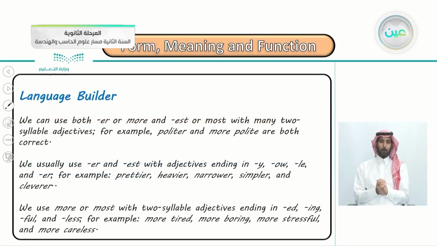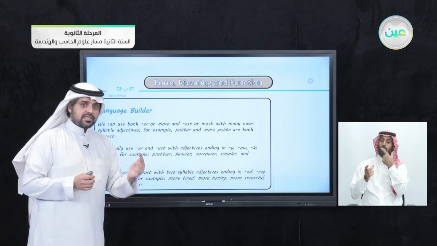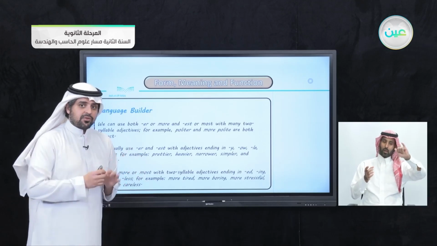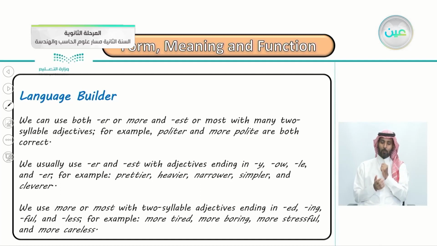Here's a language builder for you. We can use both er or more and est or most with many two-syllable adjectives. So now we're talking about two syllables. We were talking about one syllable and three syllables. Now we're talking about the two-syllable adjectives.